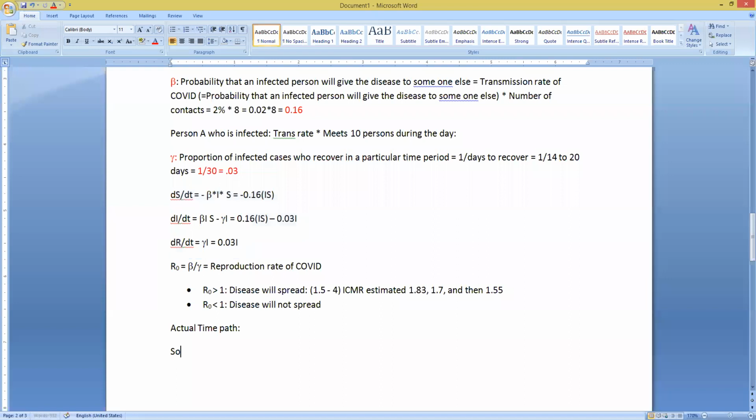Now suppose we have S0 as, let us say, 999 people, and I0, the number of infected persons, is 1.